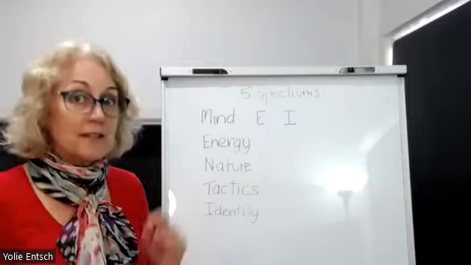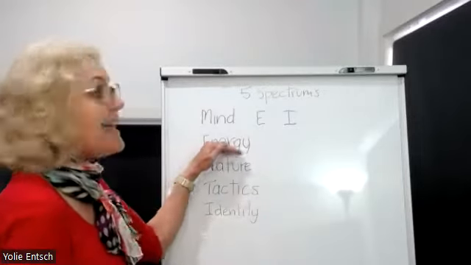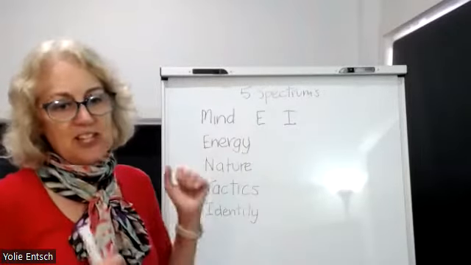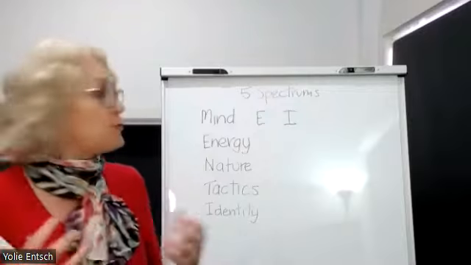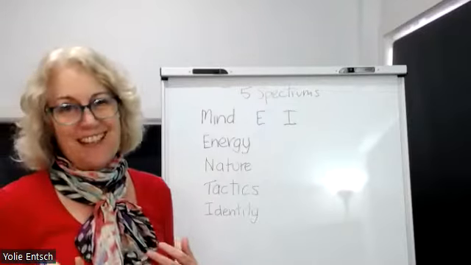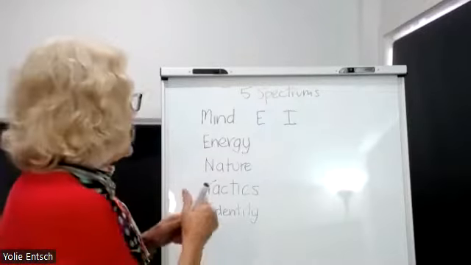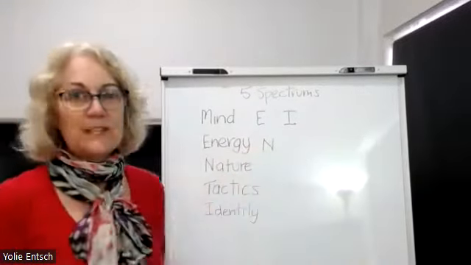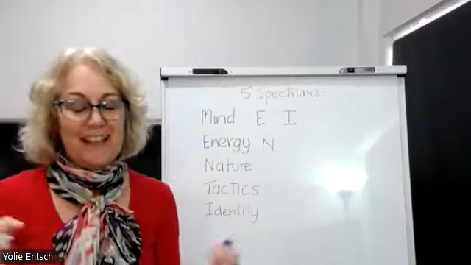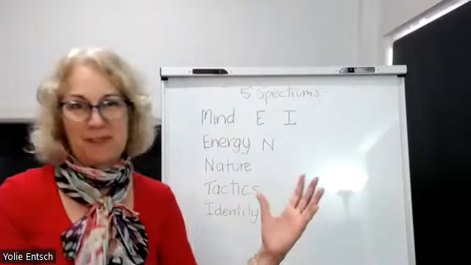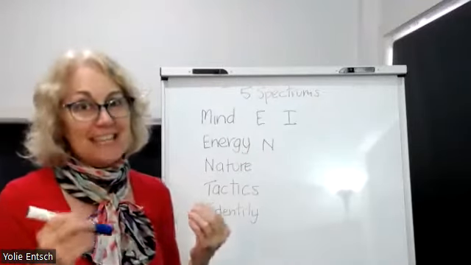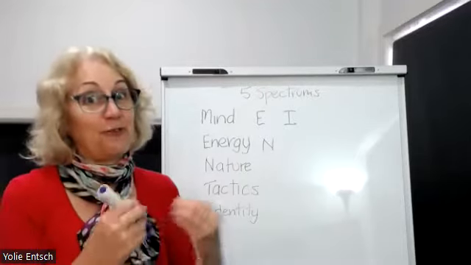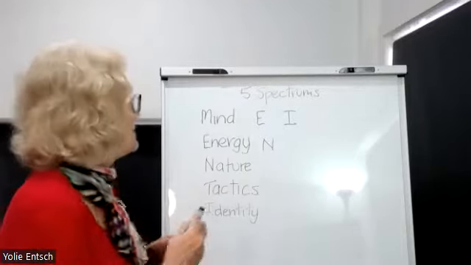Next, let's look at energy, and the energy is how you work through information. For me, I am intuitive. An intuitive tends to see the big picture and see lots of possibilities, and tends to be related to the future more than the present.